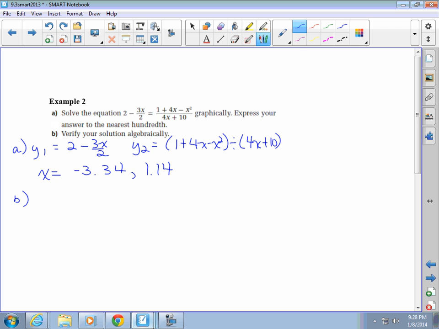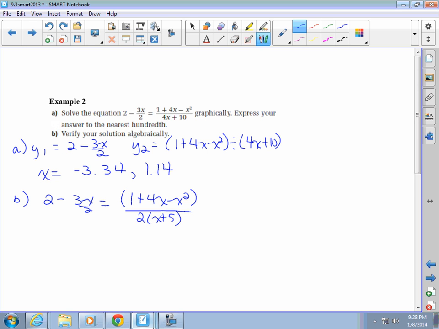So I have 2 minus 3x over 2 is equal to 1 plus 4x minus x squared. And on the bottom, I'm going to change this into 2 times x plus 5. So that means that what I need to do is get rid of my denominator, like I did in that other example.